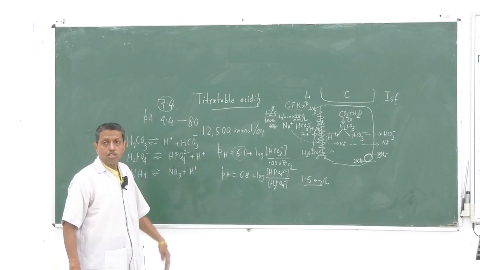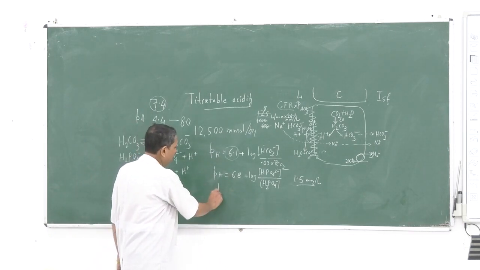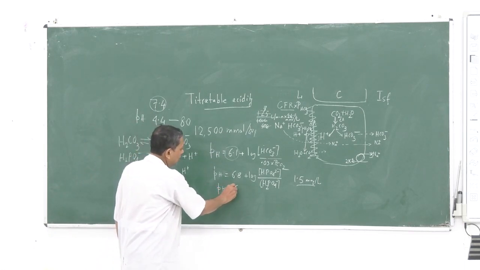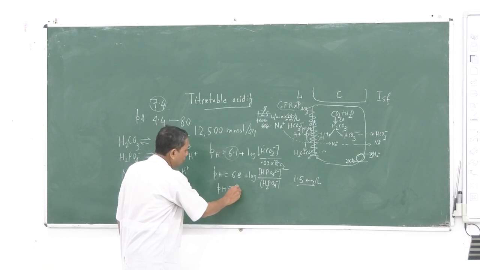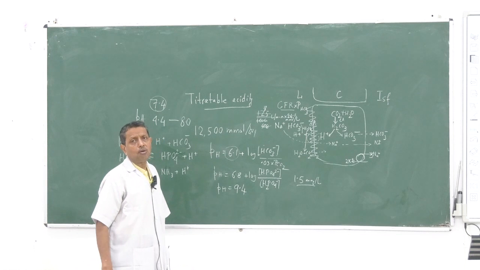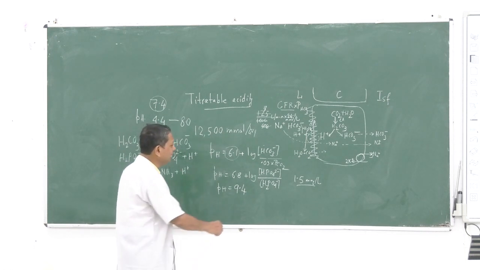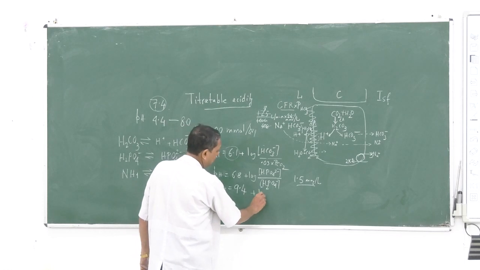Ammonia buffer does not contribute much. Suppose you take the case of ammonia buffer, the pK is equal to 9.4. In the textbook you will find 9.0 or this type of value. If you consider this, then it will be easy to understand what is what.